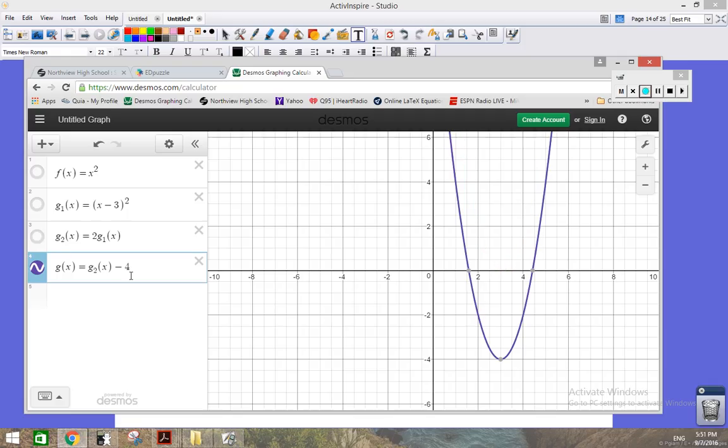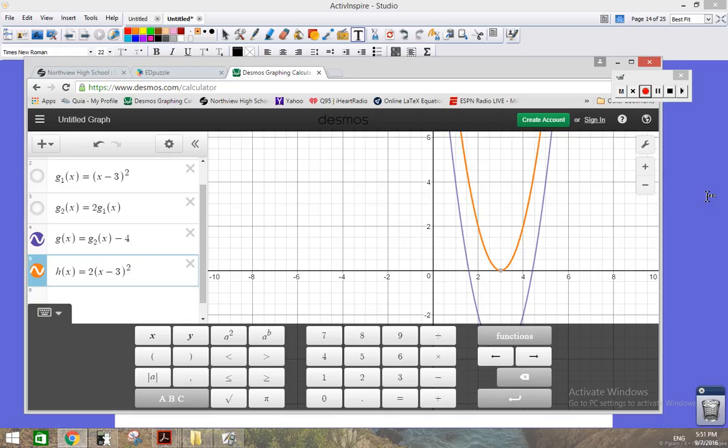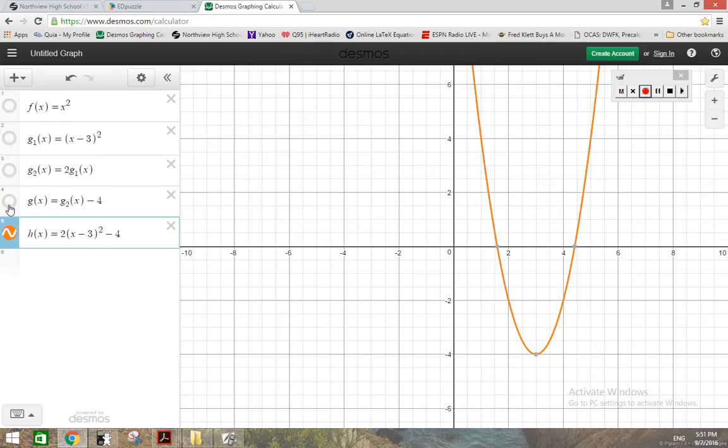So let's see if this graph through this transformation really is the graph of the function they gave us. They gave us 2 times the quantity x minus 3 squared, minus 4. Okay, so let's make this bigger. The colors sometimes are difficult to see. If I toggle this orange off, there's my answer at the end of my third transformation.